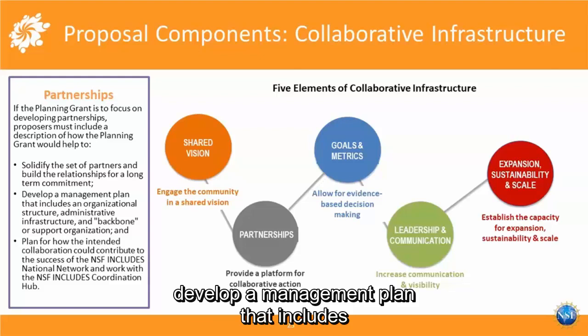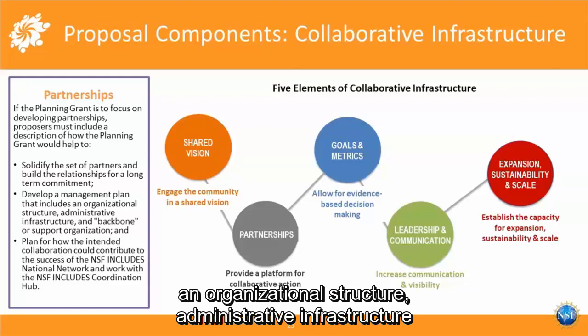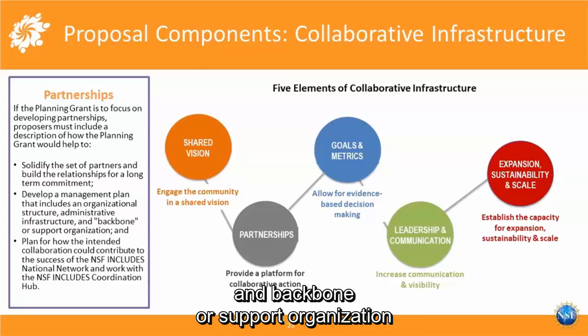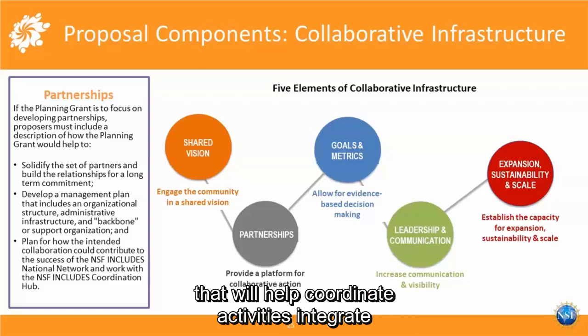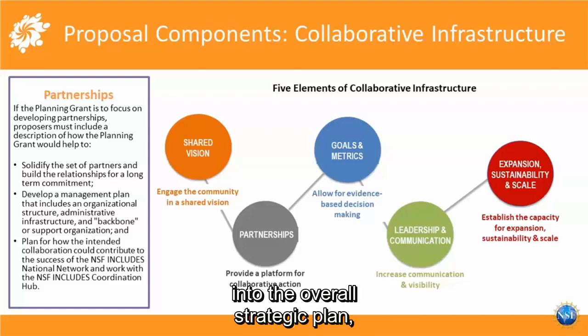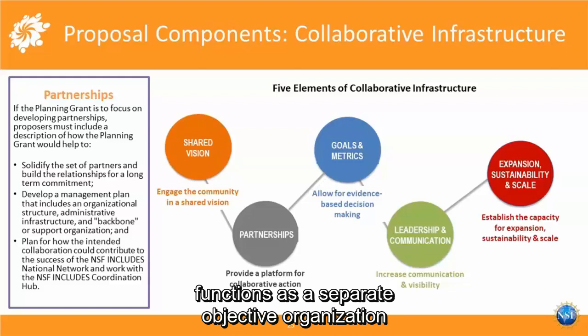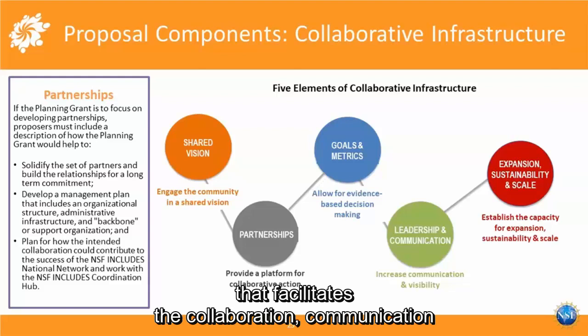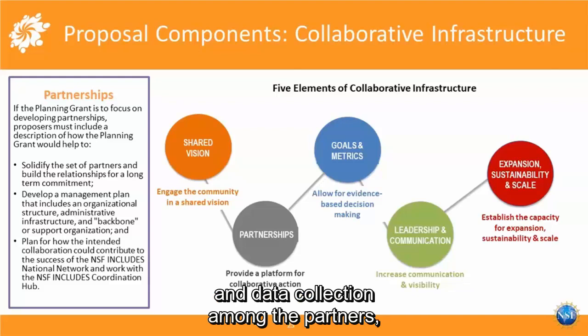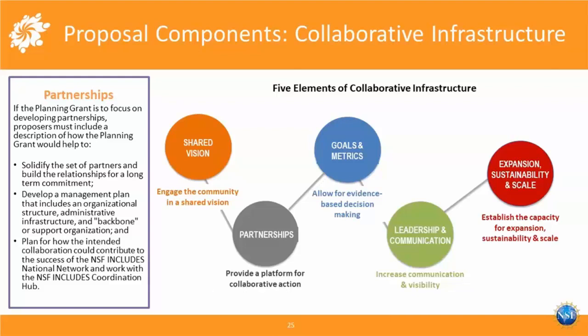Develop a management plan that includes an organizational structure, administrative infrastructure, and backbone or support organization that will help coordinate activities. Integrate into the overall strategic plan the notion of the backbone or support organization's functions as a separate, objective organization that facilitates the collaboration, communication, and data collection among the partners.